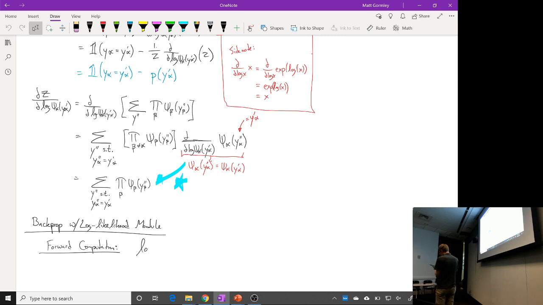Which we said is the log of this product over beta, psi beta of y beta, divided by z. Okay? So this numerator term is trivial to compute, but the denominator term is what we would say compute with belief propagation.